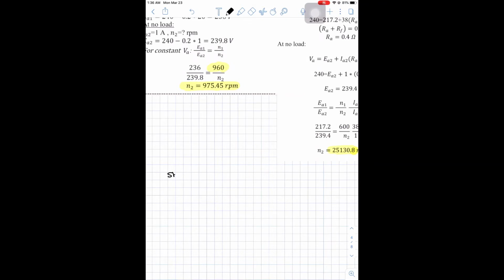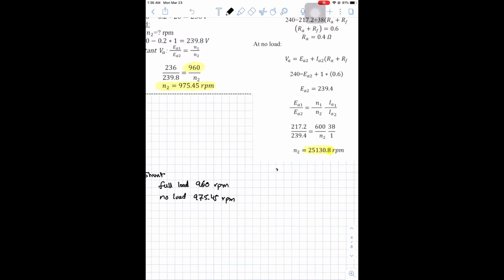For shunt machine, at full load, the speed was 960 RPM. At no load, the speed is 975.45 RPM. For series machine, at full load, the speed was 600 RPM. At no load, the machine speed jumped to 25,130.8 RPM.